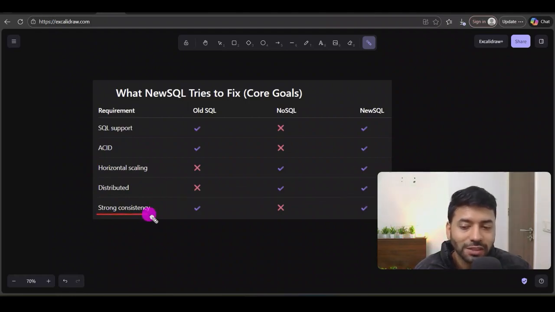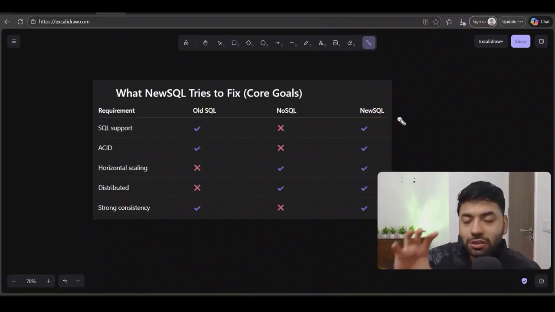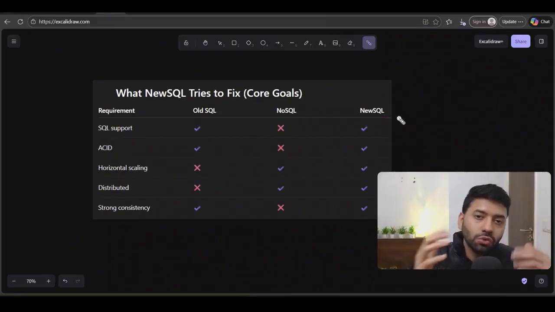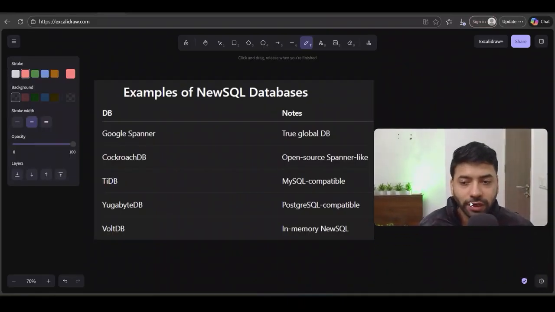And strong consistency is what we get in SQL, it is missing in NoSQL, and NewSQL also provides it. So you can clearly see NewSQL picks some of the good properties of SQL and some of the good properties of NoSQL, and we mix both of these to form NewSQL. Alright, now let's see some examples of NewSQL databases.